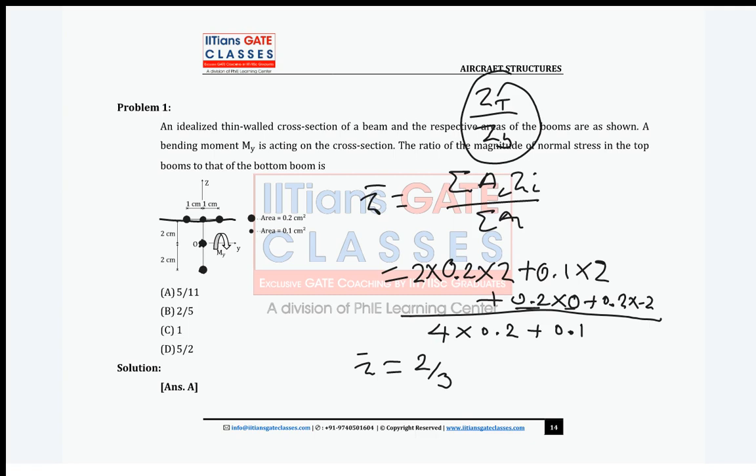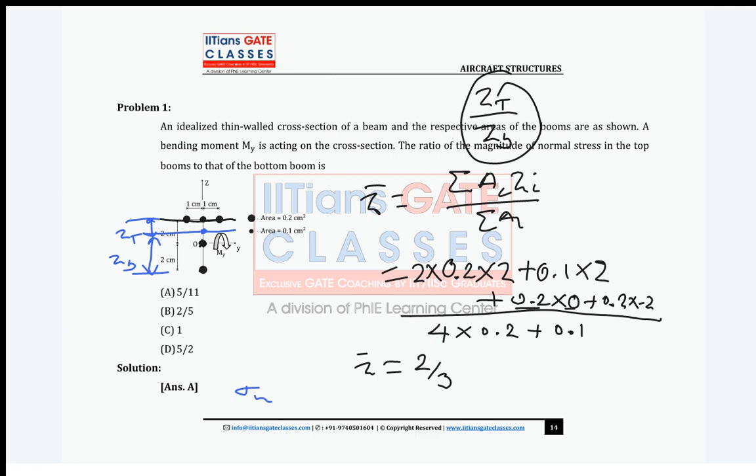So that means, where is your centroid? Your centroid is somewhere here, right? Yes or no, guys? So this is your centroid. This will be Z top and this will be Z bottom. Yes or no, guys? So that means your sigma x, and they ask the ratio of magnitude.